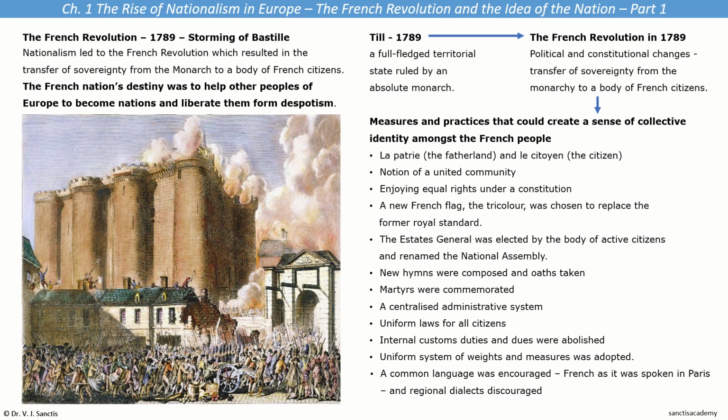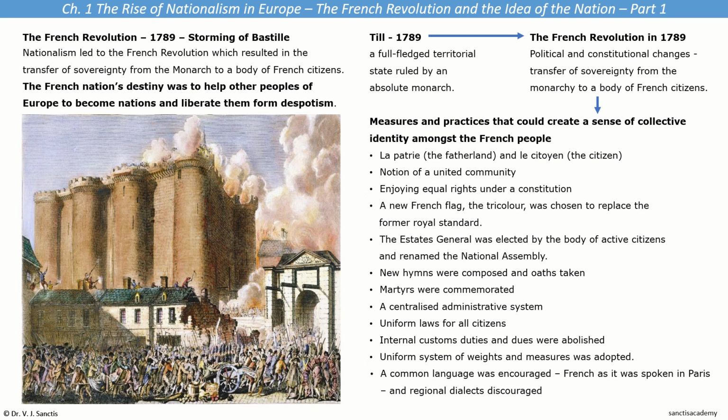Notion of a united community, enjoying equal rights under a constitution. A French flag, the tricolour, was chosen to replace the former royal standard. The Estates General was elected by the body of active citizens and renamed the National Assembly. The National Assembly is the French Parliament. New hymns were composed and oaths taken.